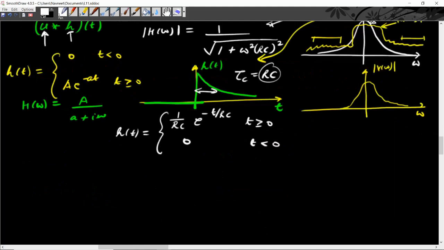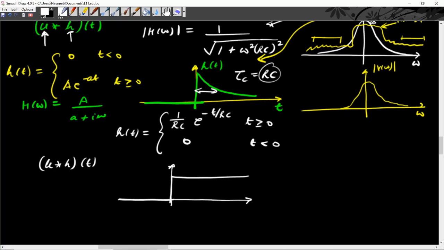And recall that how this RC filter works is that if we think of it as convolution of the input signal with this exponentially decaying pulse, in the previous lecture, while we were discussing the demo of convolution, we saw that if we take a step function such as this and convolve it with an exponentially decaying pulse, then the output, that is V of t, would look something like this.